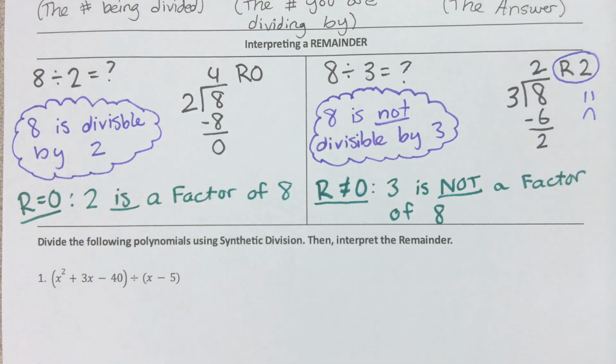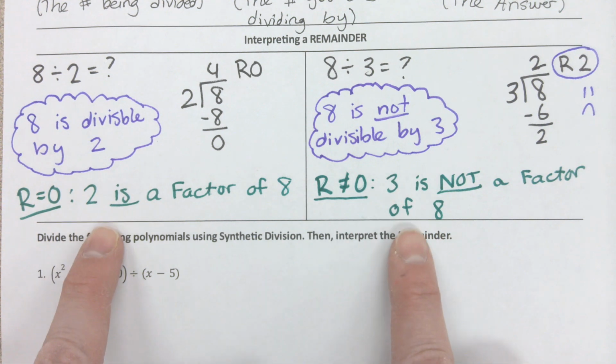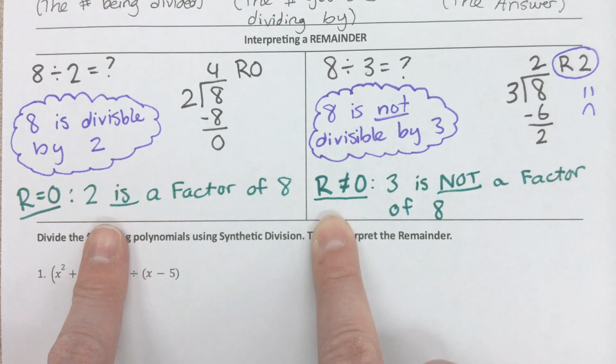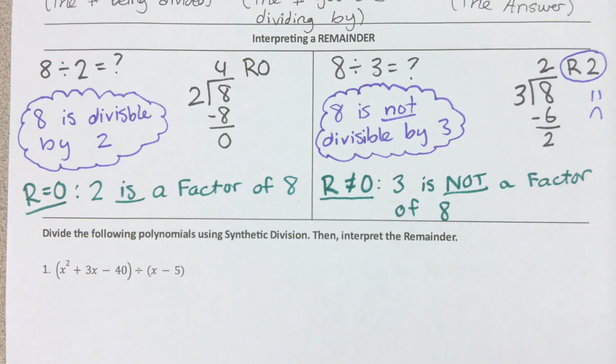At the end of each problem that I'm going to do here today, I will make a statement, one of these two. If my remainder is 0, I'm going to state that it is a factor. If my remainder is not 0, I'm going to state that it's not a factor. You should be able to interpret that for yourself.